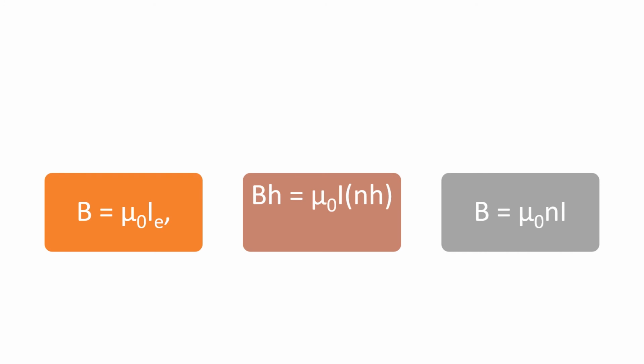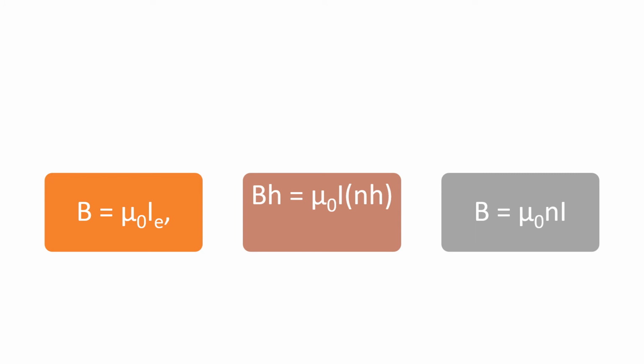So, according to Ampere's law, B is equal to mu 0 I enclosed. And in place of I enclosed, we can write I nh. So B is equal to mu 0 I nh.